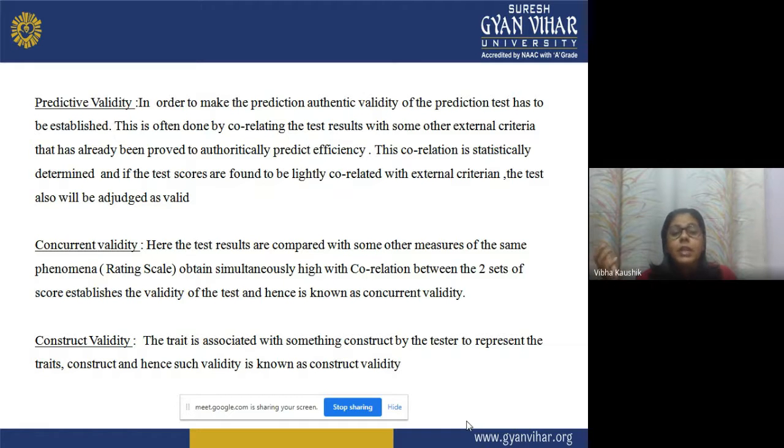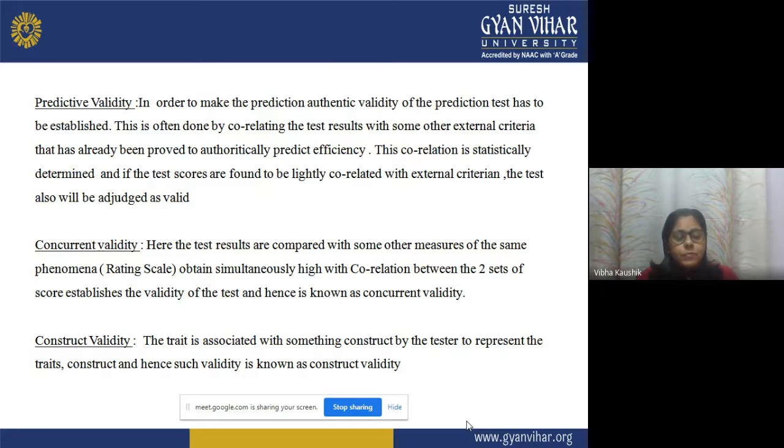That can be a rating scale. If we obtain a simultaneously high correlation between the two sets of scores, that establishes the validity of the test, and hence it is known as concurrent validity. If these two are highly correlated, then we will say that concurrent validity has been established for the particular test.